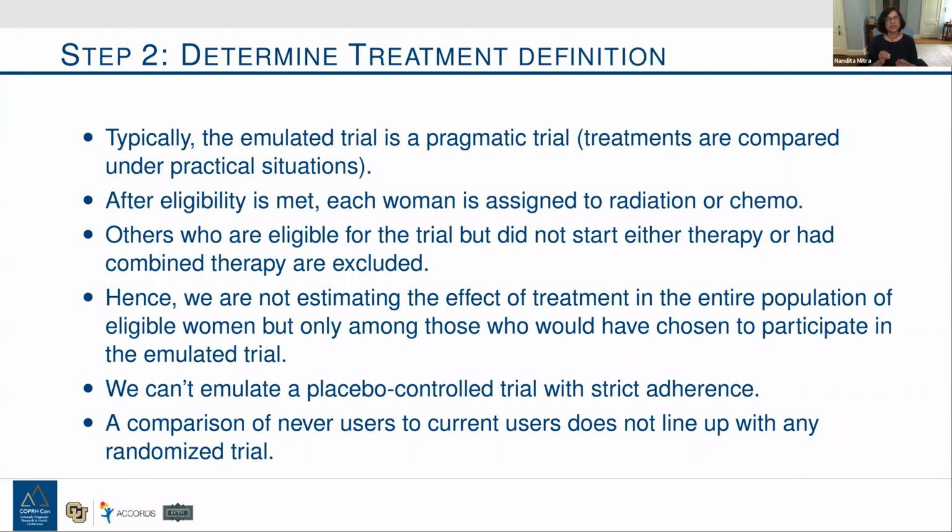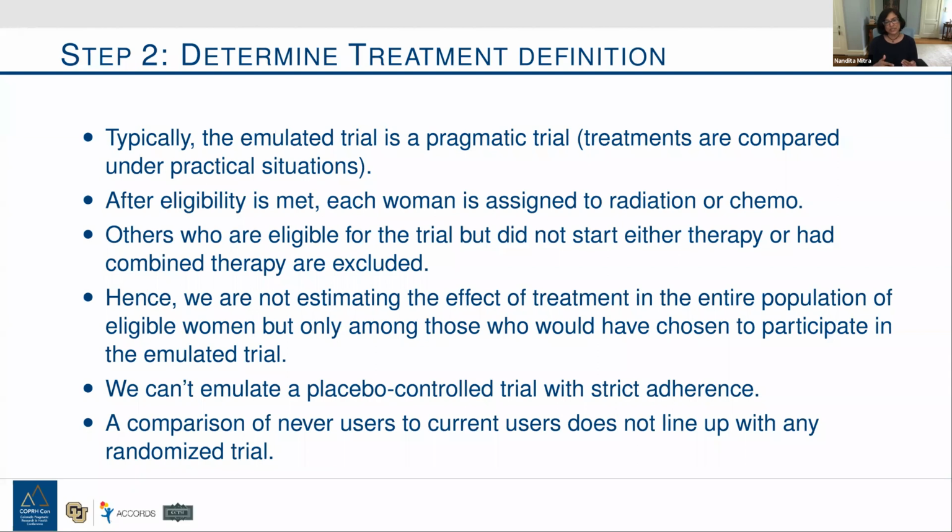The other point I wanted to make is that after eligibility is met, each woman is assigned to, say, radiation or chemo in our study, but others who are eligible for the trial but did not start either therapy or had combined therapy would be excluded. So we are determining the treatment definition very specifically, again, trying to emulate our dream trial.